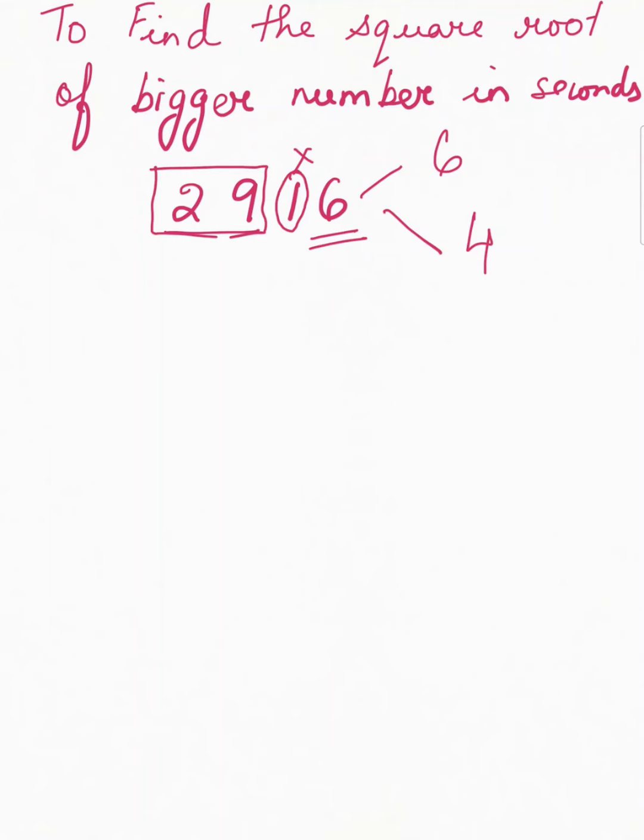So what we find is we get that 5 into 5 is equal to 25. So I can say that 25 is close to 29. So I will keep 5 in my mind.